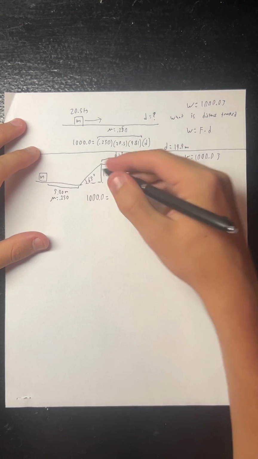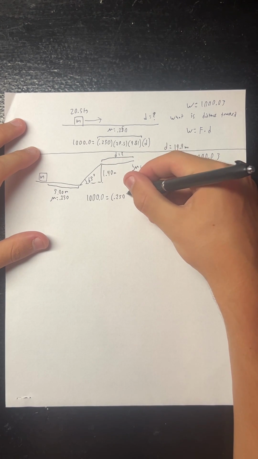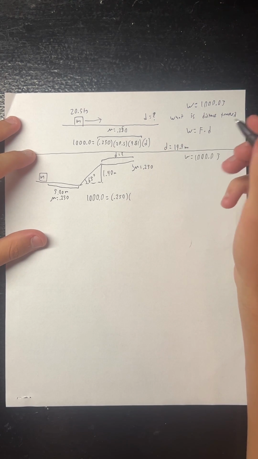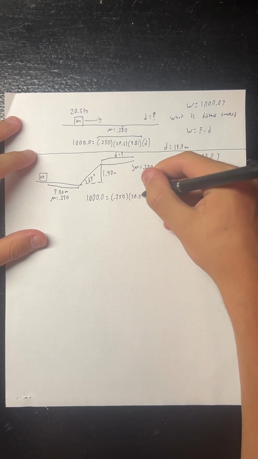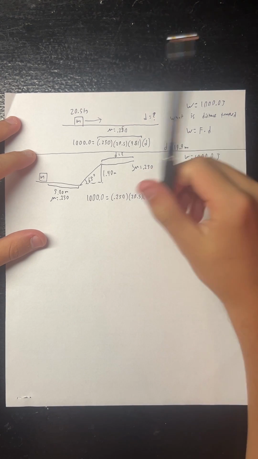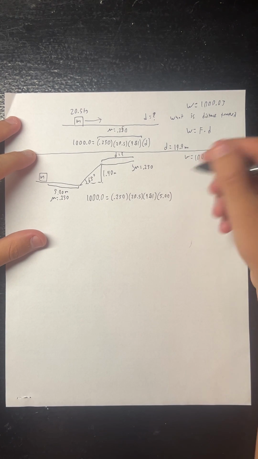First we have this one, which is 0.2, our friction at this stage, times m, which is the same, 20.5, mu mg, right? And then it's times the distance that it travels, which is 5.00.